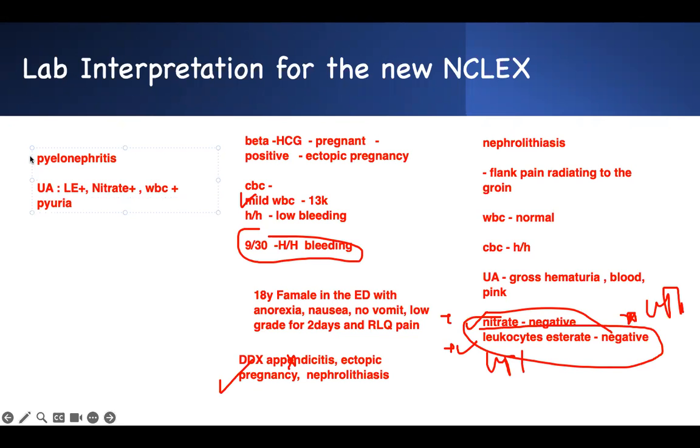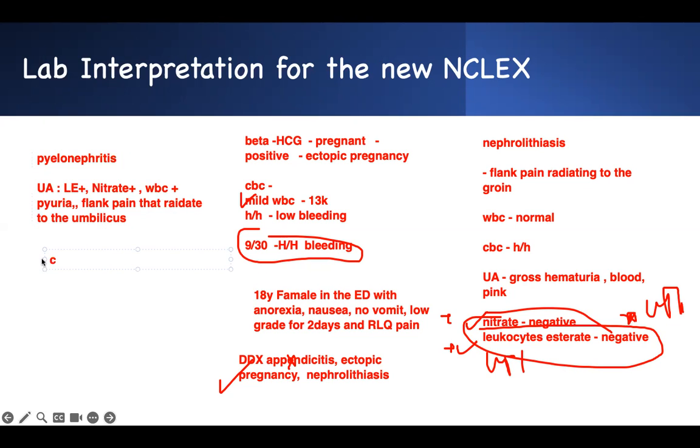That means there's bacteria in their urine. Yeah, this one, you know that this is the problem. And they may have flank pain, okay, that radiates to the umbilicus. You see, this does not go to the groin. So if they give you a question with flank pain radiating to the umbilicus, when I give you a lab, you should see leukocyte esterase, nitrite, WBC, and pyuria in their urine.